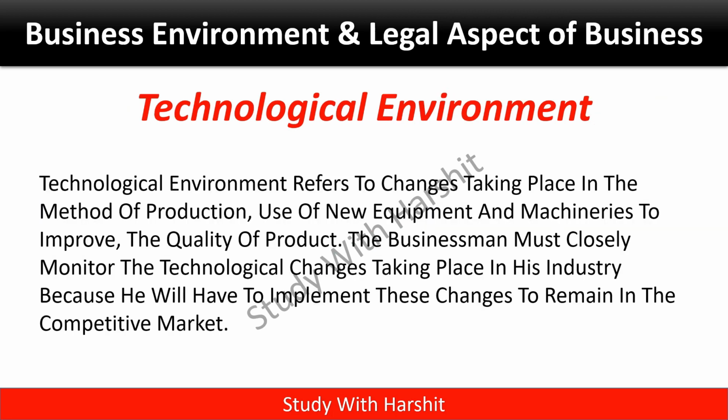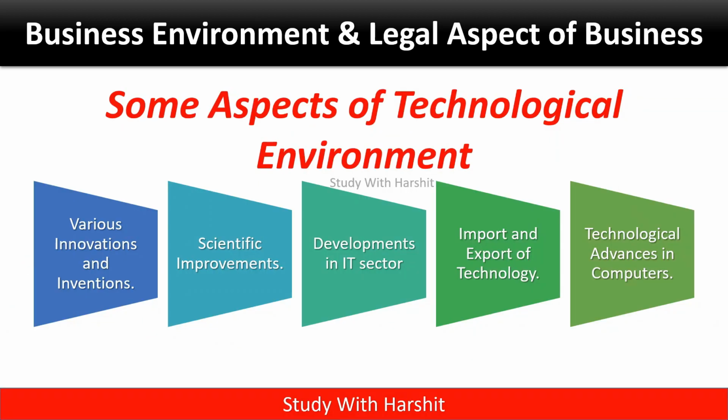Technological environment. Technological environment refers to changes that take place in the method of production, use of new equipment and machinery to improve the quality of product. The businessman must closely monitor the technology changes taking place in his industry because he will have to implement these changes to remain in the competitive market.